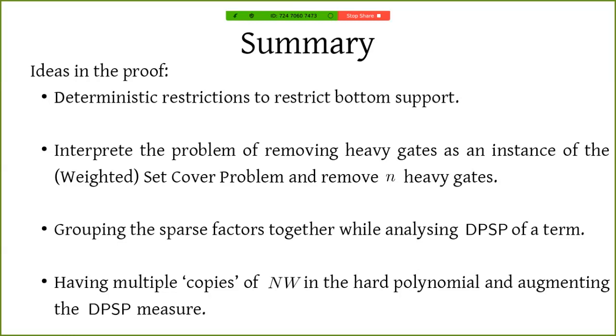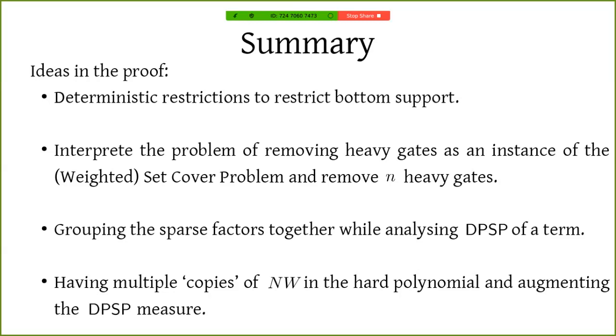And because of this grouping trick and our ability to remove n heavy gates, we are able to get a lower bound of n raised to 2.5. Lastly, we include multiple copies of the Nisan-Wigderson polynomial in our hard polynomial f, and we augment the dPSP measure to mitigate the effects of deterministic restrictions and removing heavy gates on a hard polynomial.